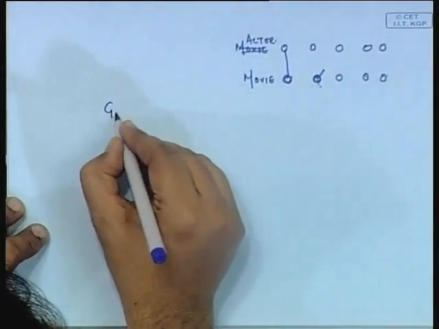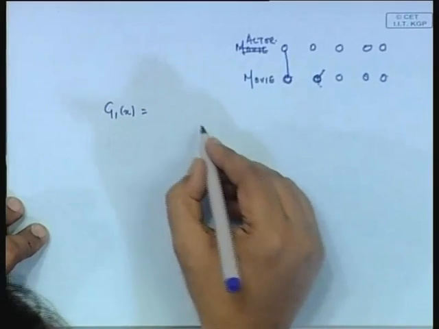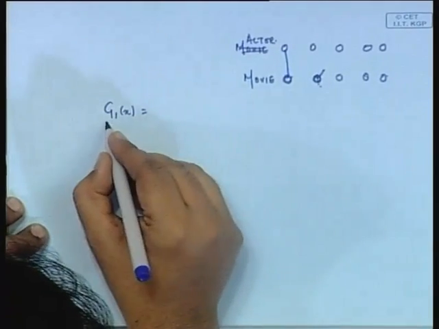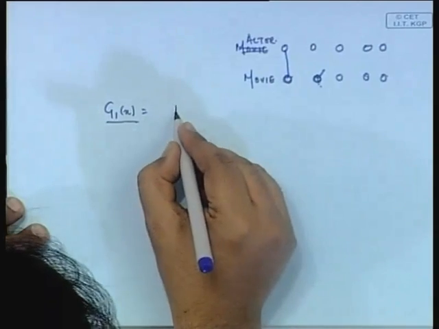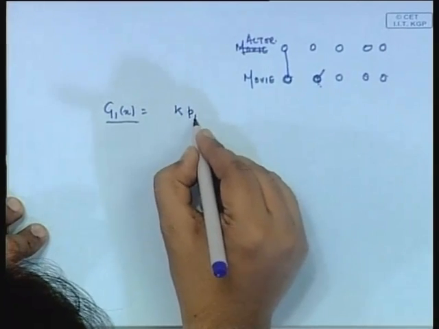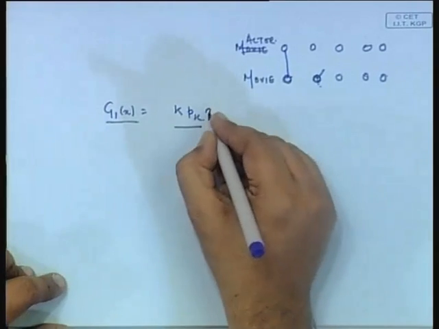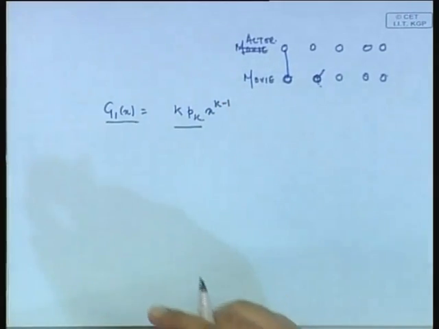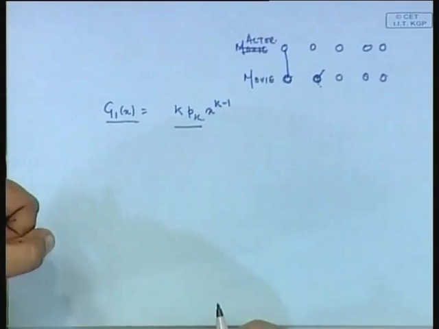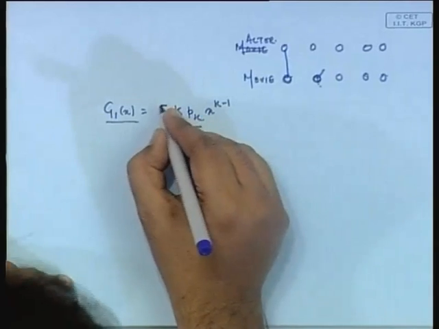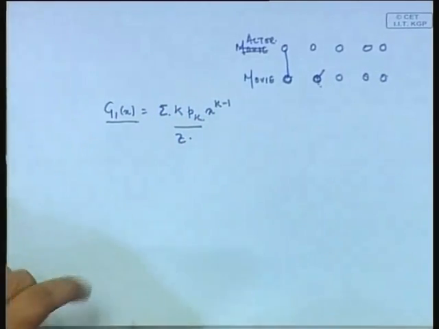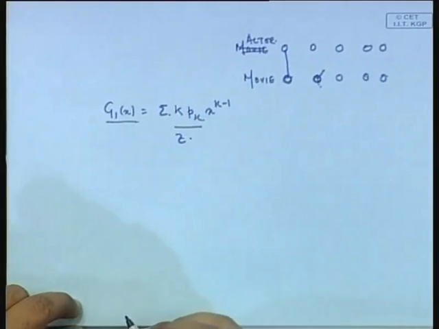If we go back to our old thing, remember this picture. What is G1 x? It is summation of k pk x to the power k minus 1, because it's the outgoing edge. The edge which you are coming along has to be removed, and then divided by z. This was G1 x. You remember?